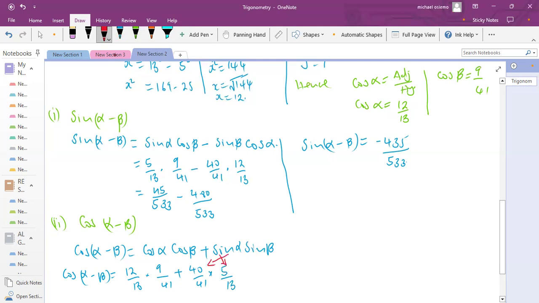So we'll get now our solution: cos(alpha minus beta) is equal to, if you multiply these two, what are you going to get?